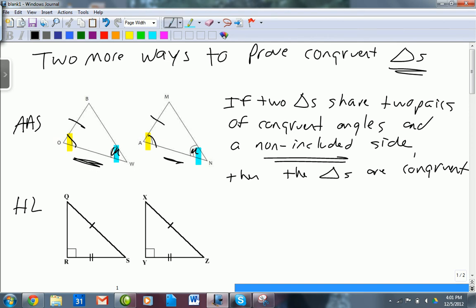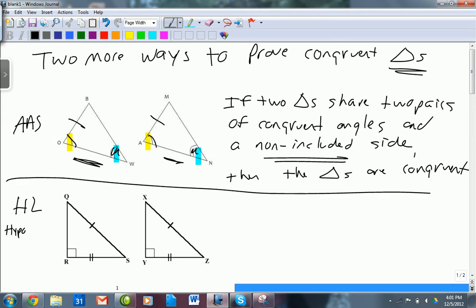The other technique is called HL. HL stands for hypotenuse, leg. If you remember, the hypotenuse is the longest side of a triangle, and if it's a right triangle, the hypotenuse is the side across from the 90-degree angle.